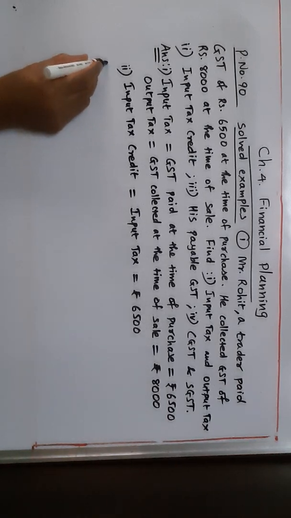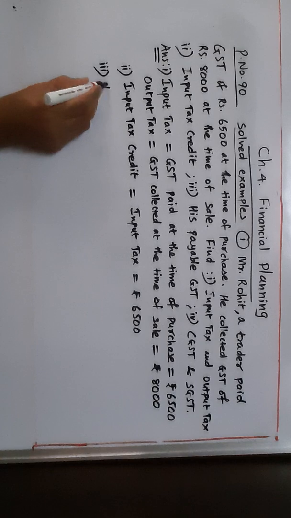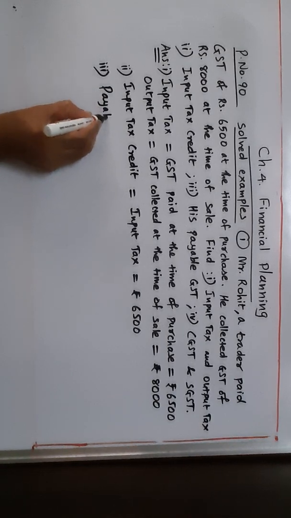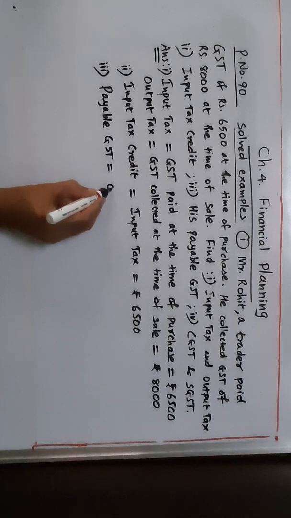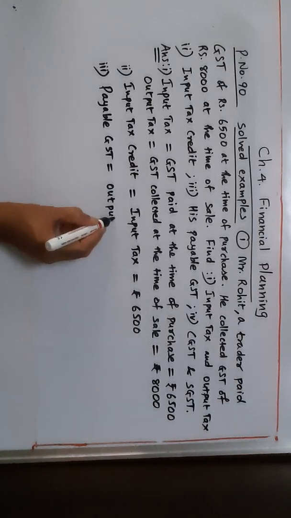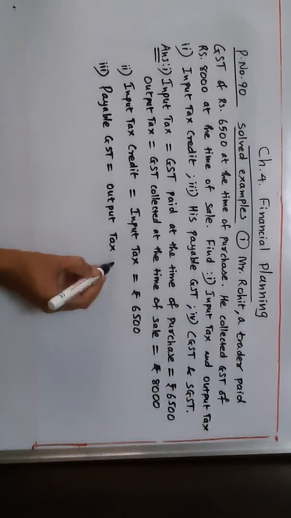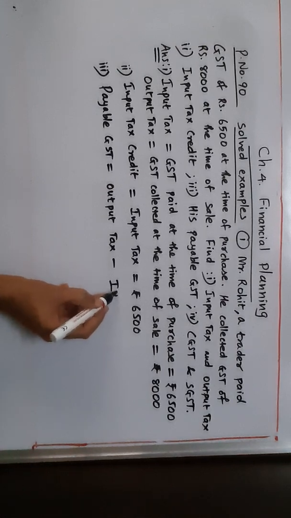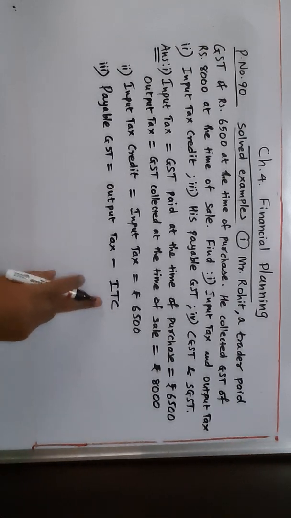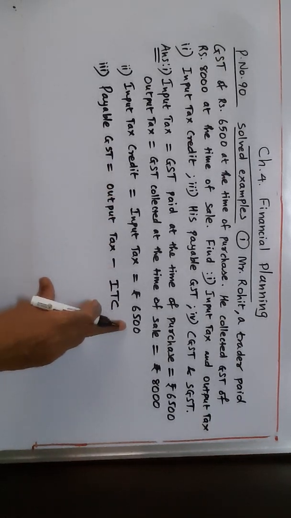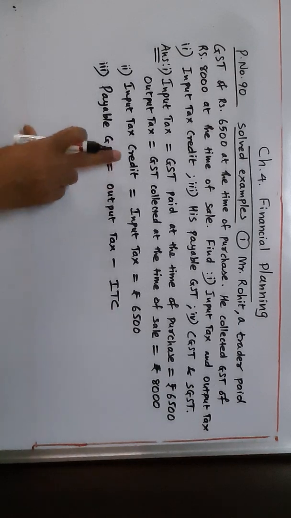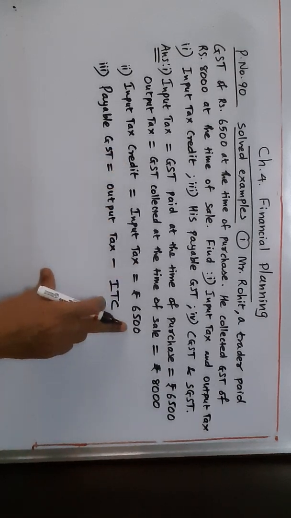Now what is the payable GST? The third answer: payable GST is nothing but, remember the formula, output tax minus ITC. ITC is the very popular term, input tax credit, because he has already paid this GST to the manufacturer, so this is the credit in his account. Credit means jama paisa is in his account.